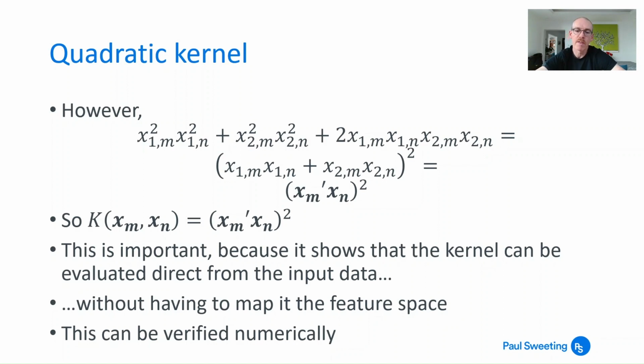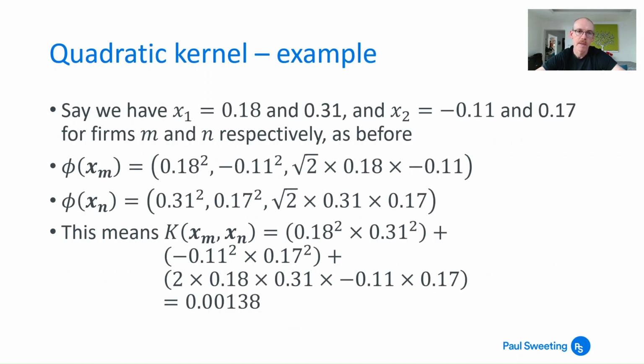So we can verify this numerically. Again, x1 is equal to 0.18 and 0.31, x2 is minus 0.11 and 0.17 for m and n respectively, as before. And this is what phi of xm and phi of xn give you: 0.18 squared, minus 0.11 squared, root 2 times 0.18 times minus 0.11, 0.31 squared, 0.17 squared, and root 2 times 0.31 times 0.17.